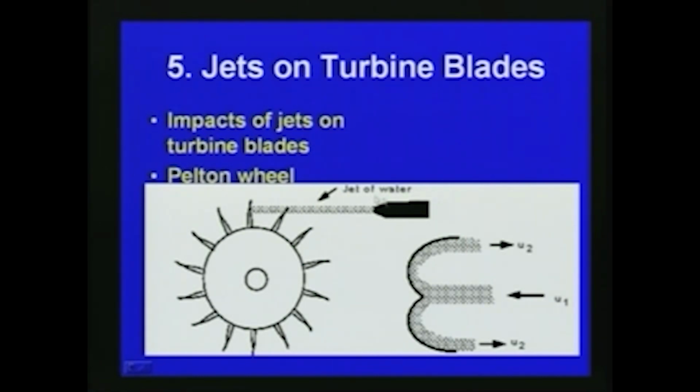The jet of water is coming through the nozzle like this. This is the jet of water, and the Pelton wheel is mounted on an axle. Due to the jet action a force is supplied, and due to that the turbine wheel is rotating. The jet can be coming directly at 90 degrees, perpendicular to the vane, or it can also be inclined.